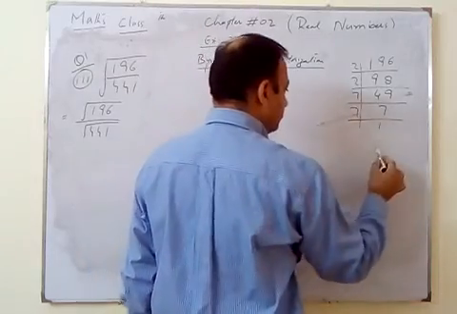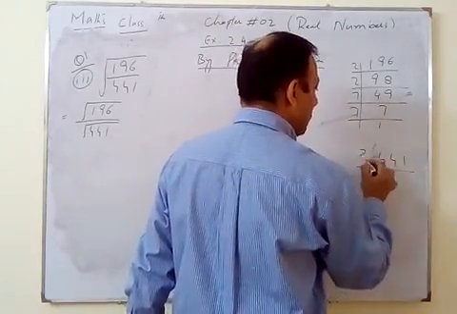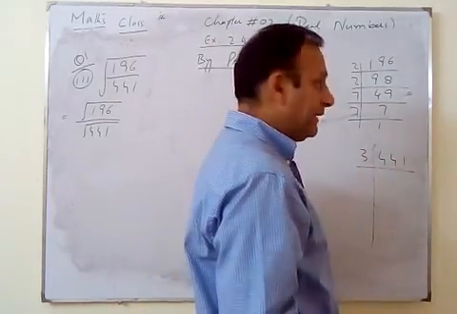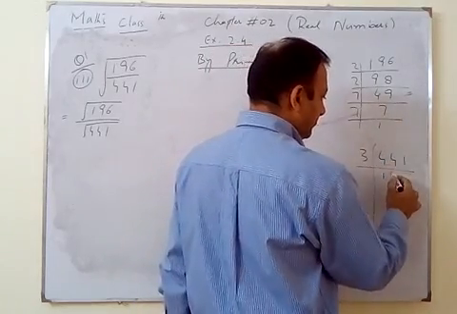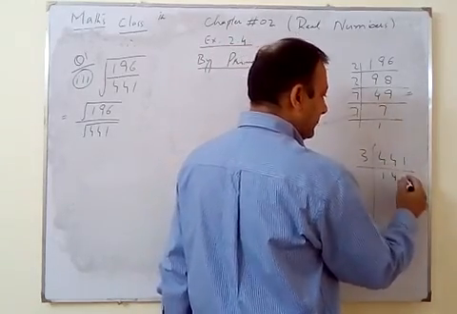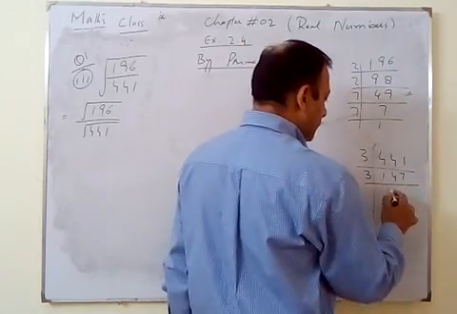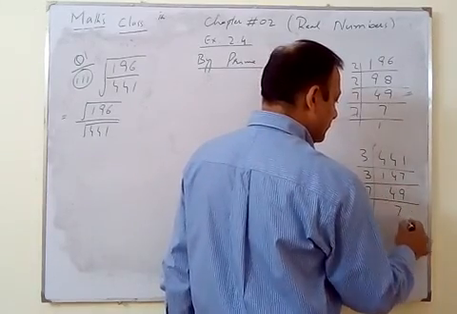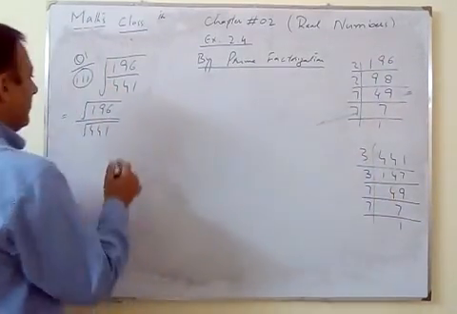For 441, by 3, because 2 is not possible. So next is 3, 3 is possible here. 3 4s are 12, 2 carry, 3 by 9, 7, 1.